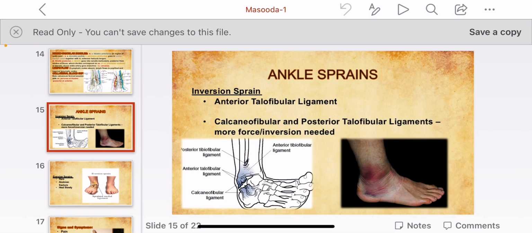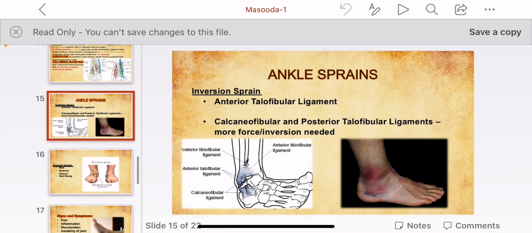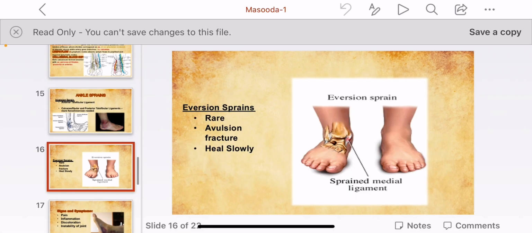We have two kinds of ankle sprains, one inversion and another one eversion. The inversion sprain mostly occurs in the anterior talofibular ligament. For stretch or tear of the calcaneofibular and posterior talofibular ligaments, more forced inversion is needed.